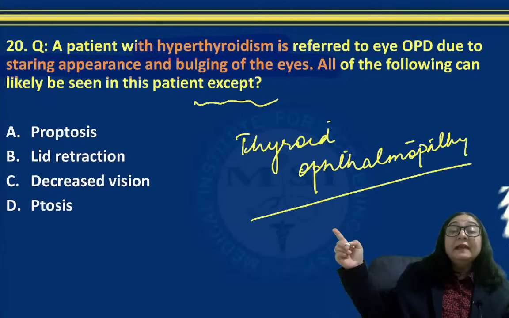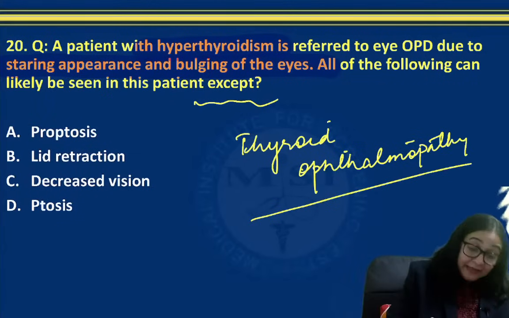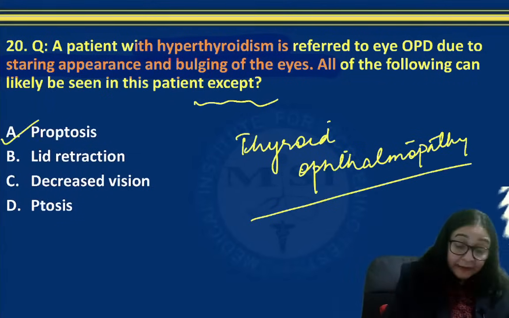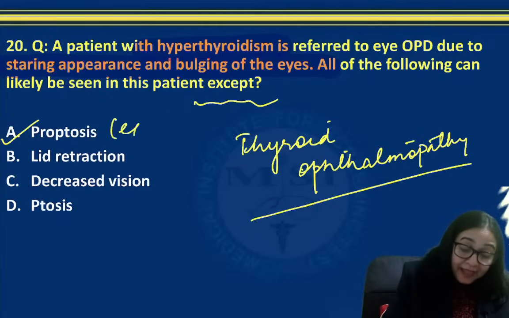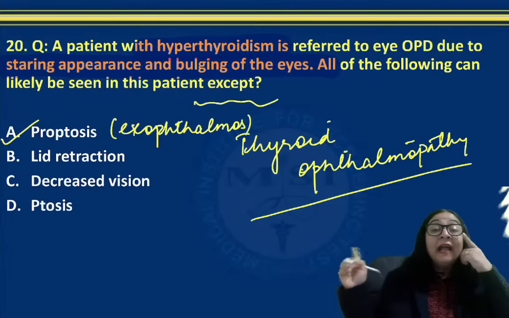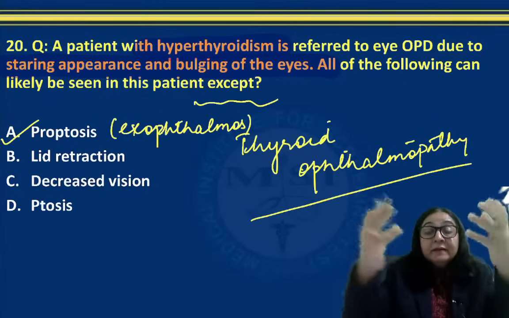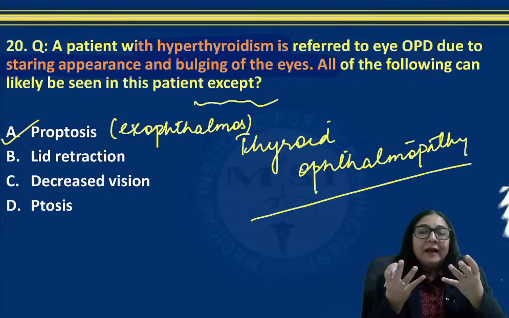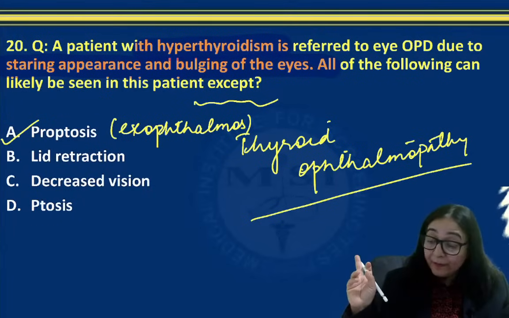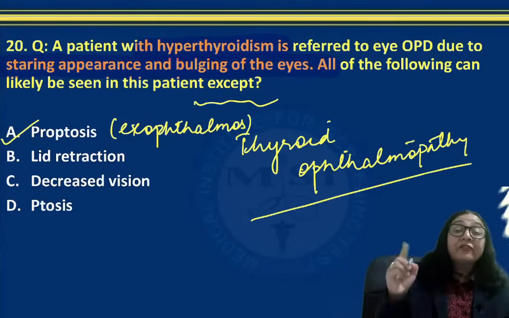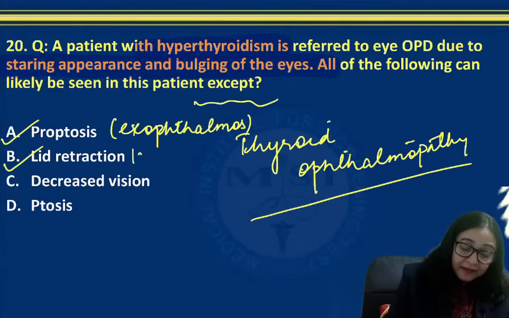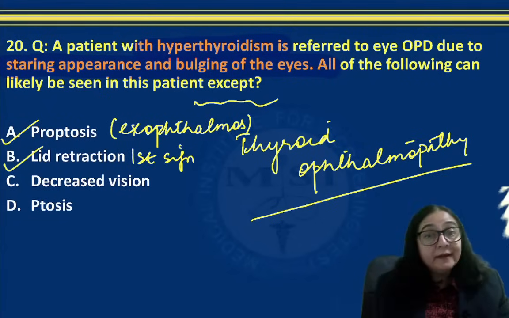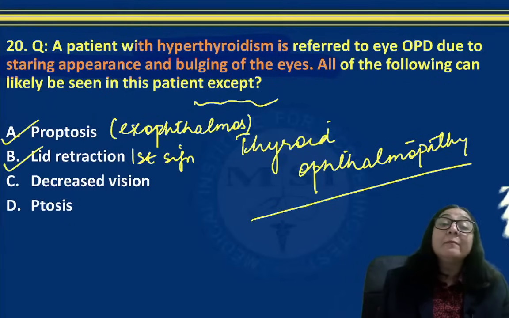So you see proptosis in thyroid? Yes. The proptosis in thyroid is also called exophthalmos. Okay, so sometimes they use the term exophthalmos for the proptosis or protrusion of the eyes which you see in thyroid ophthalmopathy. Okay, lid retraction, which is the first sign to appear in thyroid eye disease, also called Dalrymple sign.